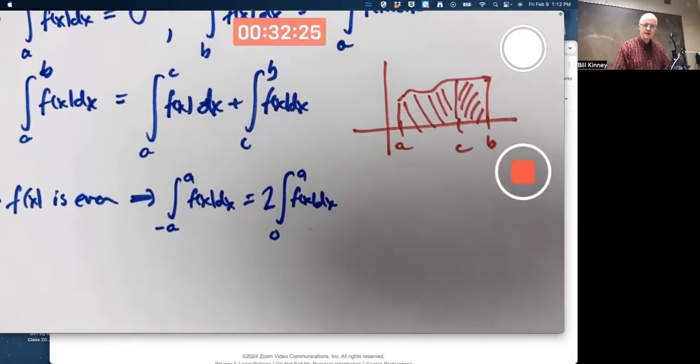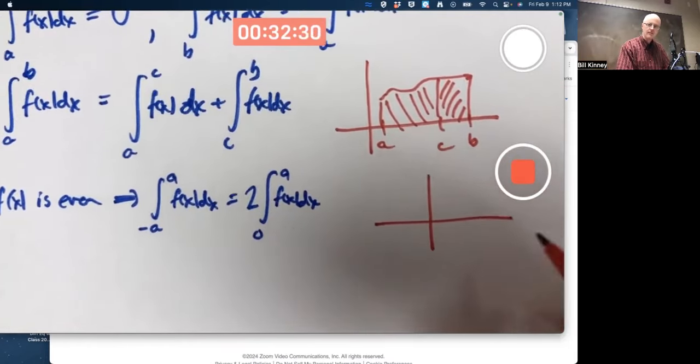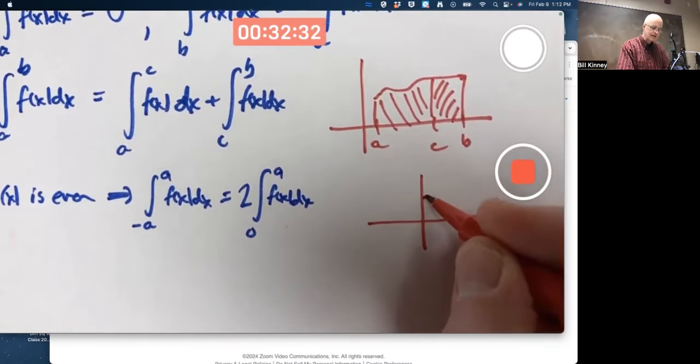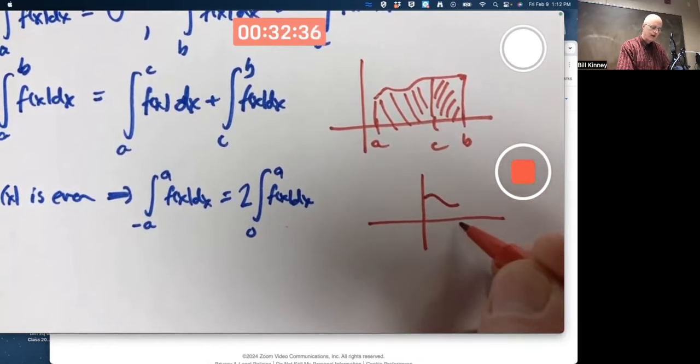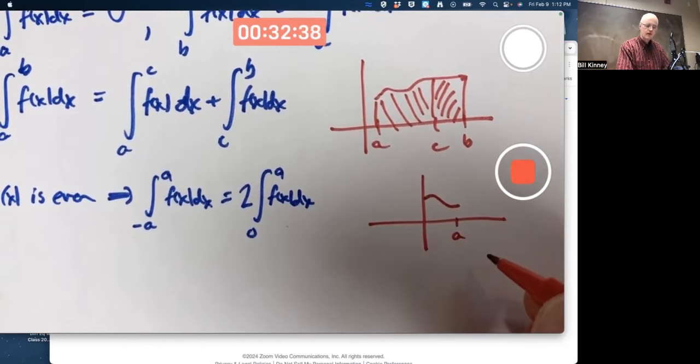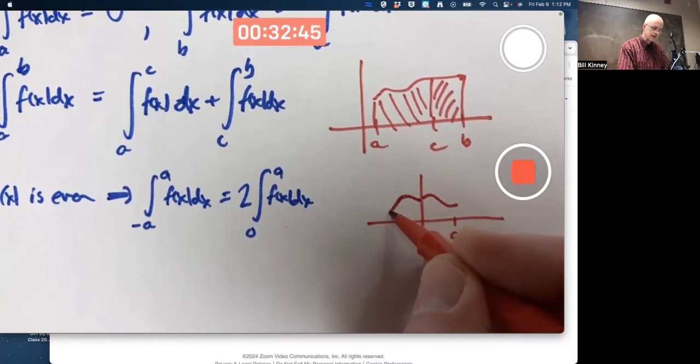Draw a generic picture to illustrate this. Maybe the graph to the right of the y-axis looks like this. Here's A. If this is going to be even, the graph to the left of the y-axis has got to look like this.